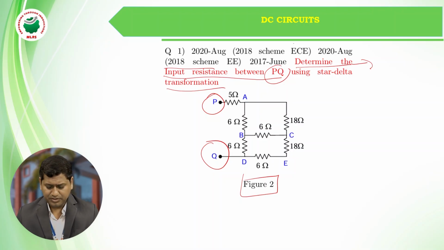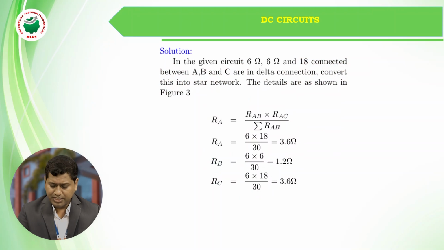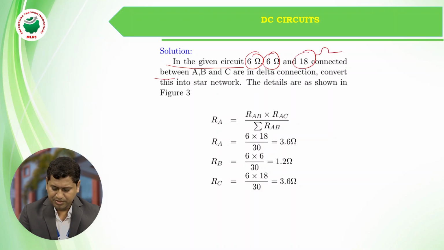So first, we have to identify what are the star connections and what are the delta connections, and we need to solve it. In the given circuit, 6 ohm, 6 ohm and 18 ohm connected between A, B and C are in delta connection.